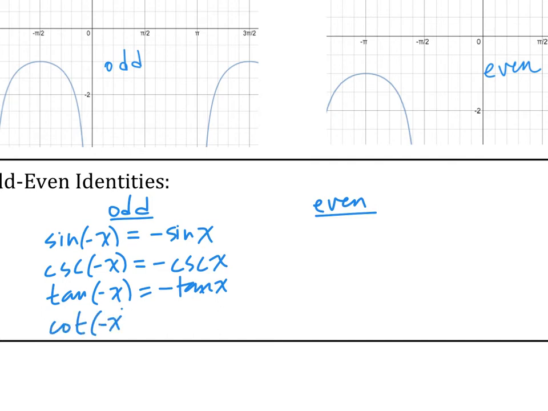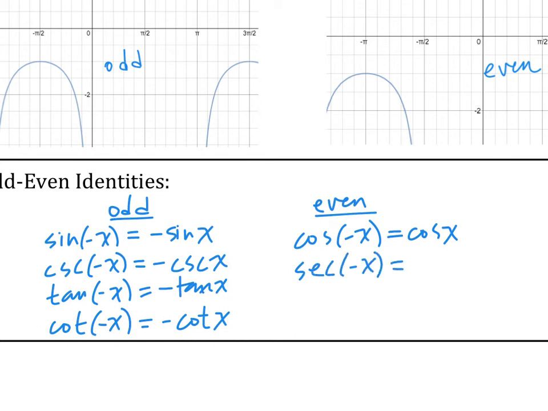Cotangent of negative x is negative cotangent x. And the only ones that are even are cosine and its reciprocal. So cosine of negative x is no negative. And same thing with secant. Secant of negative x is no negative.